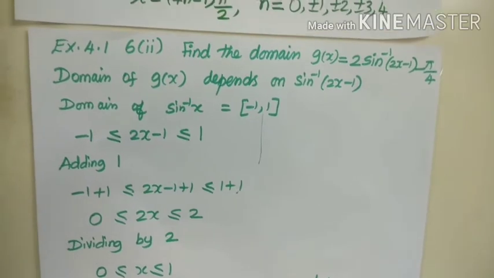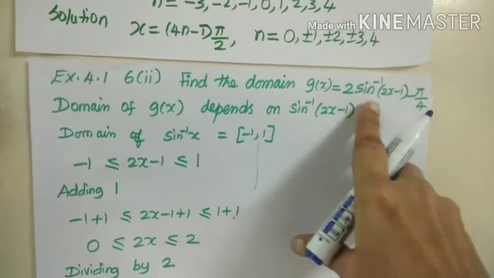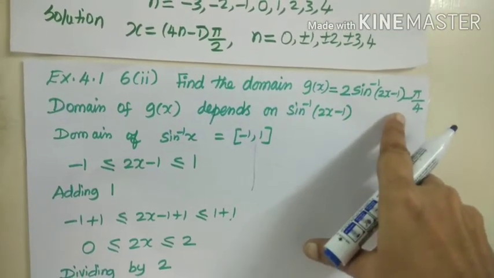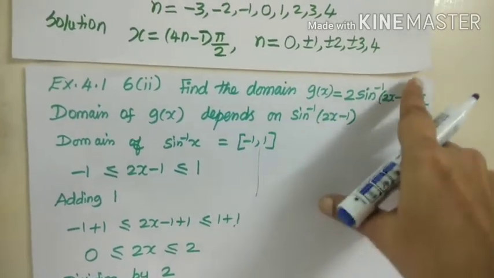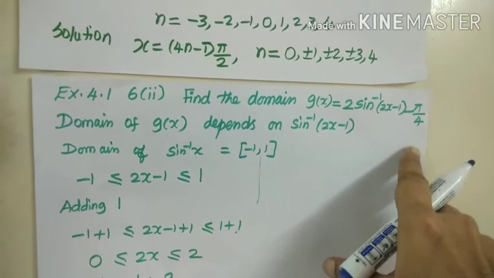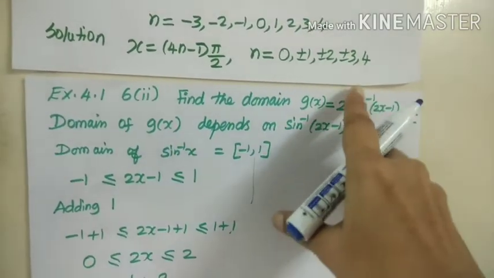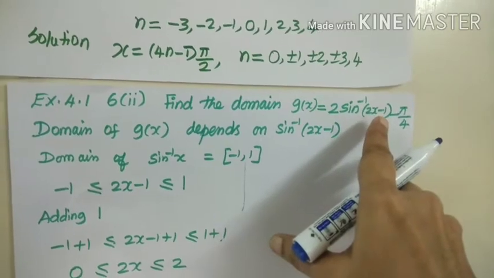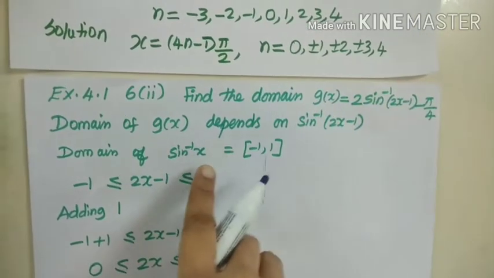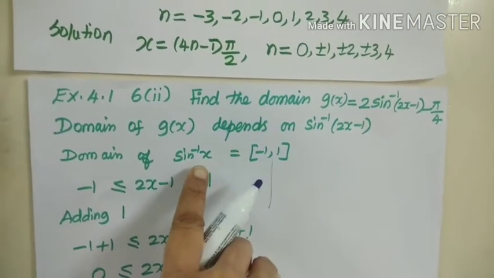Find the domain of 2 sine inverse of 2x minus 1 minus pi by 4. Now see, this 2 and minus pi by 4 will not alter my answer. Domain depends on the function. What is the function? Sine inverse of 2x minus 1. Now we already know what the domain of sine inverse x is.